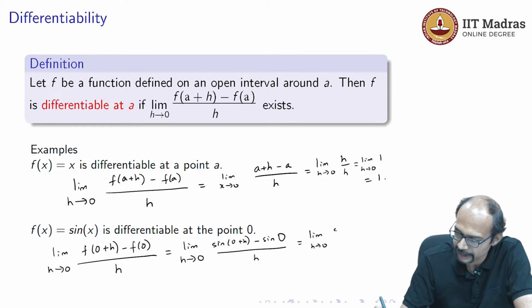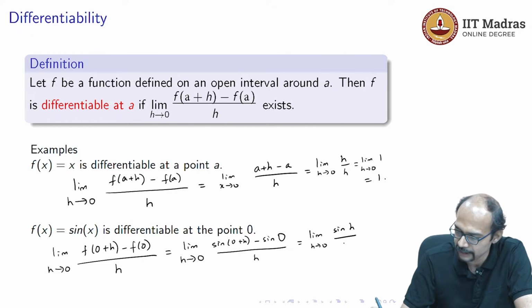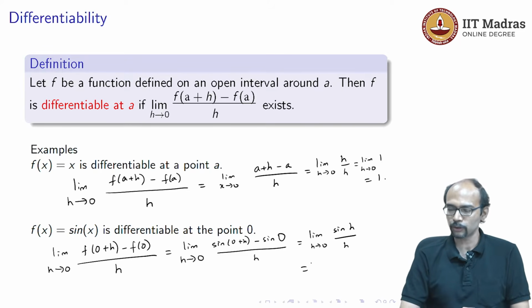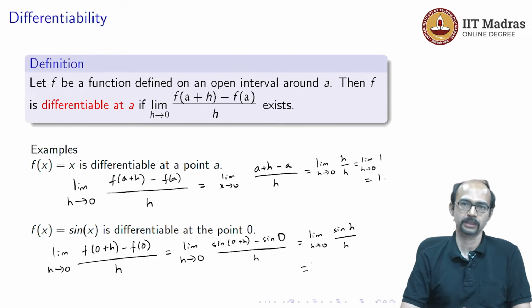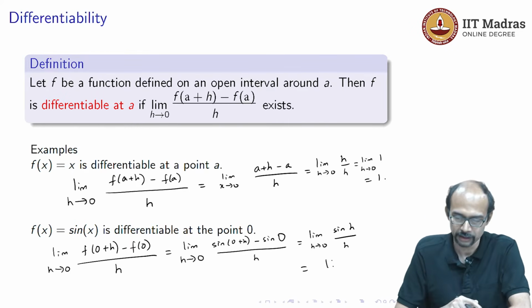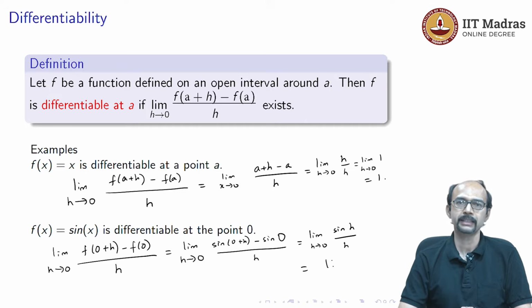The first term is sin h, and the second sine value is 0 because sin of 0 is 0. So I will just write sin h divided by h. Now this is the limit as h tends to 0 of the function sin h by h, and in the previous video we gave a very detailed argument to show that this limit is 1. So sin x is indeed differentiable at the point 0 and the value of the limit is 1, okay.